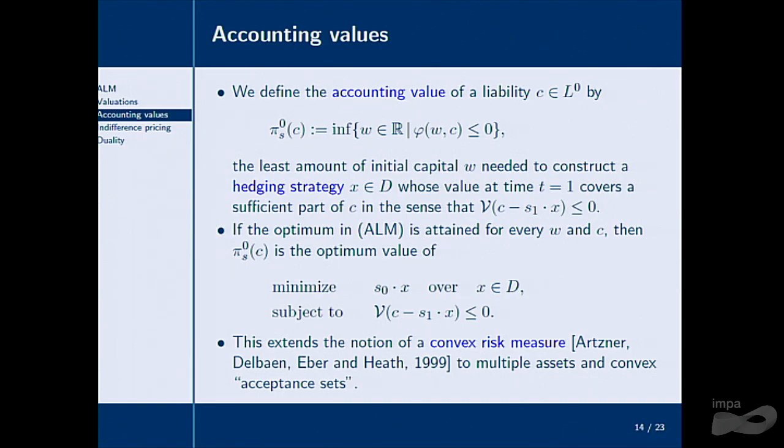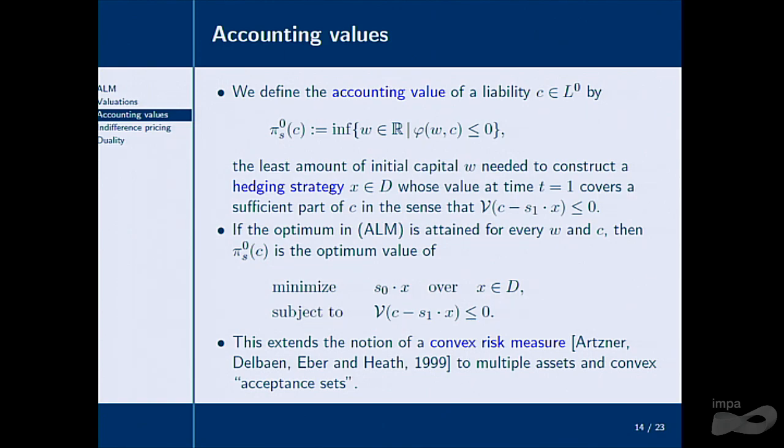Yes, so after that propaganda about different pricing principles, here's the mathematics. Here's what I call the accounting value. We are trying to value a liability that an agent would have to pay out at the terminal date, this C, a random variable.